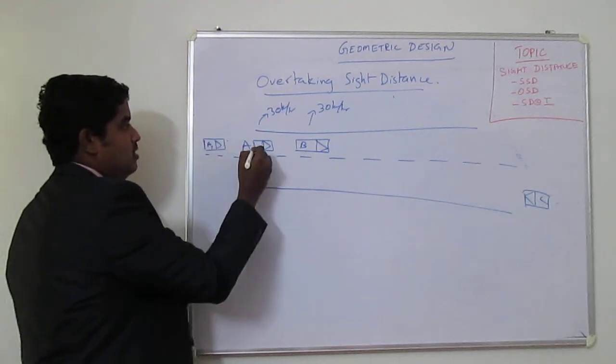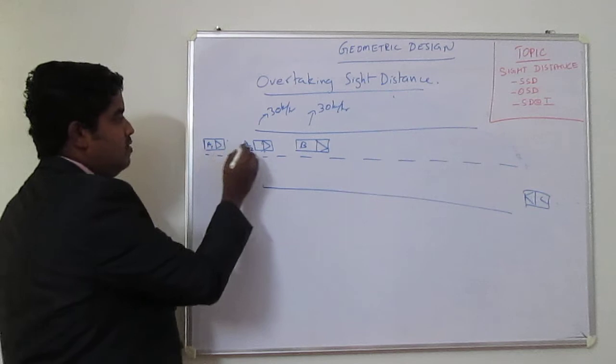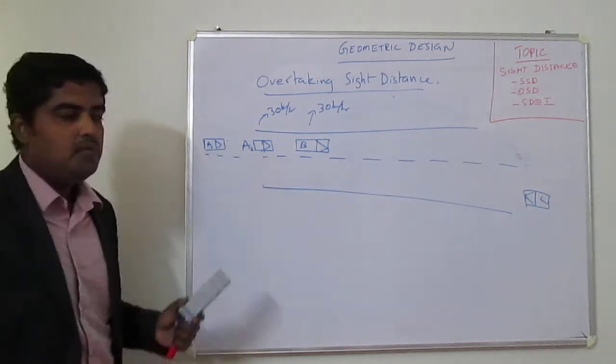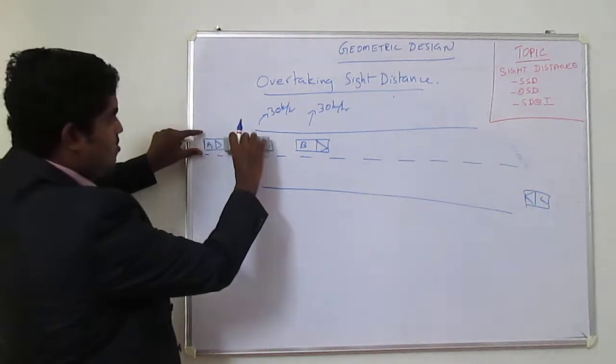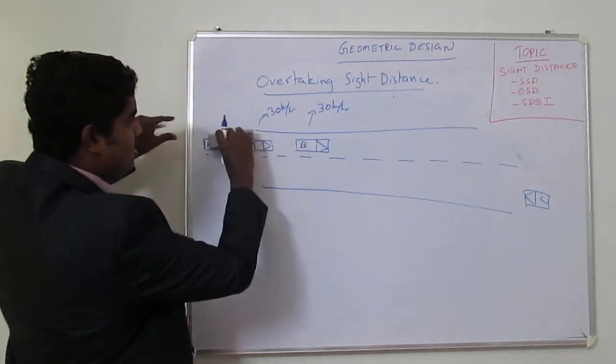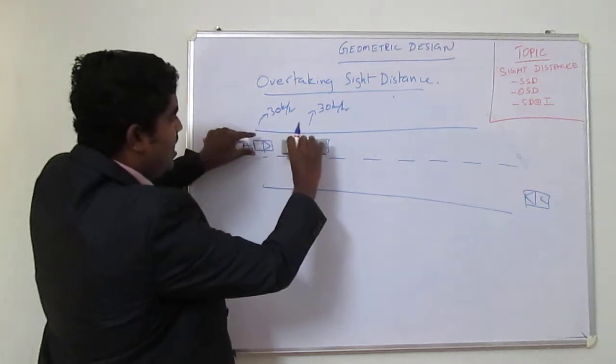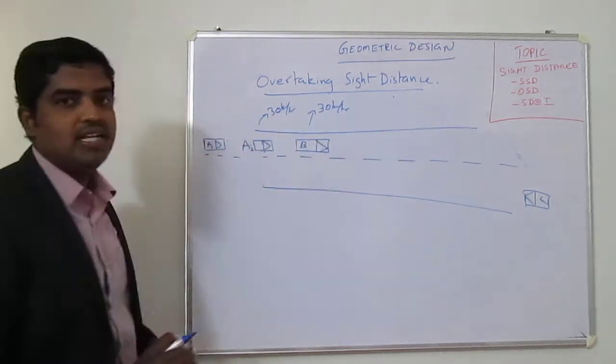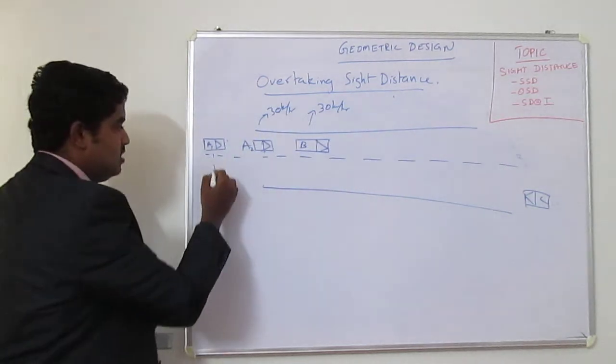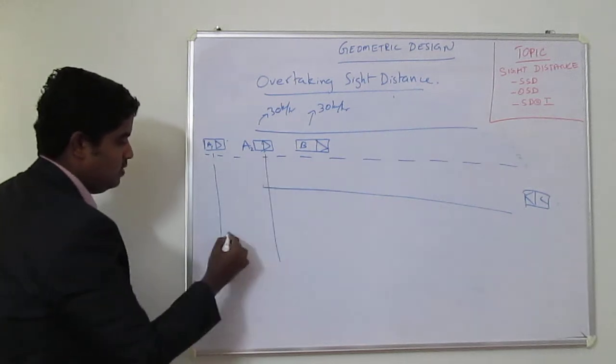This is A1, this is A2. From A1 to A2 the vehicle will be slowly moving, while B is somewhere here. B will be moving slowly and A also slows down, and from A1 to A2 it moves at the same speed as B. Let this distance be D1.